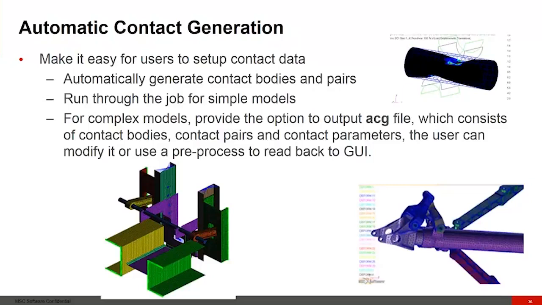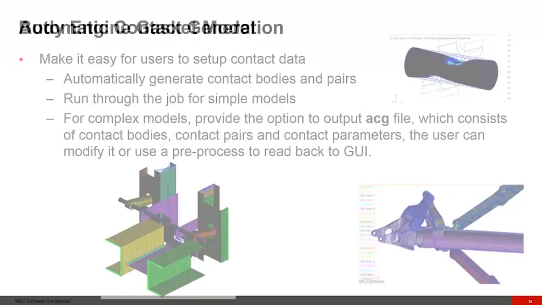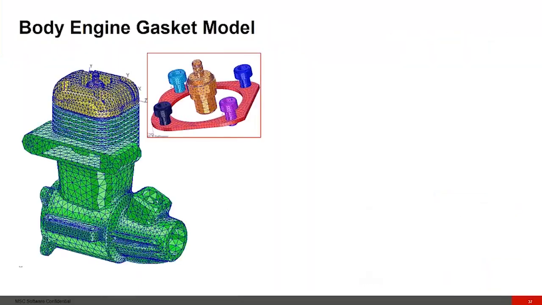Or you can also edit this file in a text editor and use it as an include to rerun the analysis, or use it in another analysis. So this feature is supported for all contact types, for permanent glue contact, general glue, as well as touching, with both node to segment and segment to segment.